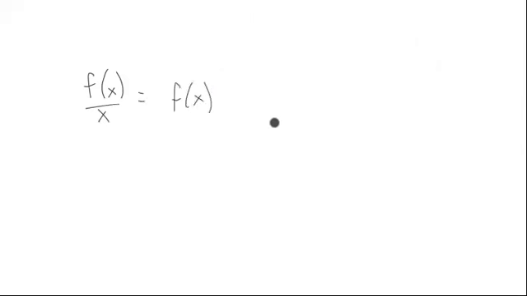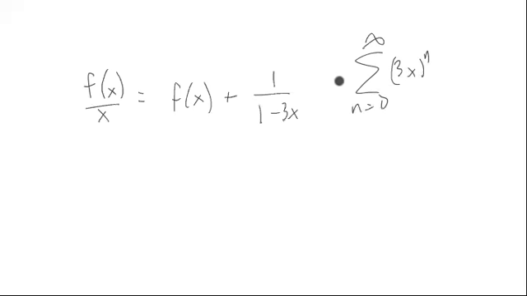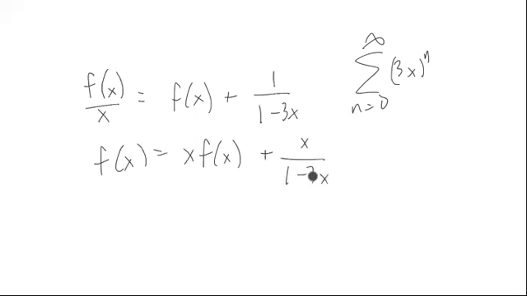Now, if you're familiar with geometric series, actually that's just 1 over 1 minus 3x. Think about this as being your common ratio r, and remember what we had, 3x to the n. This is just a geometric sum formula. So if we multiply everything by x, we get f of x is equal to x f of x plus x over 1 minus 3x.